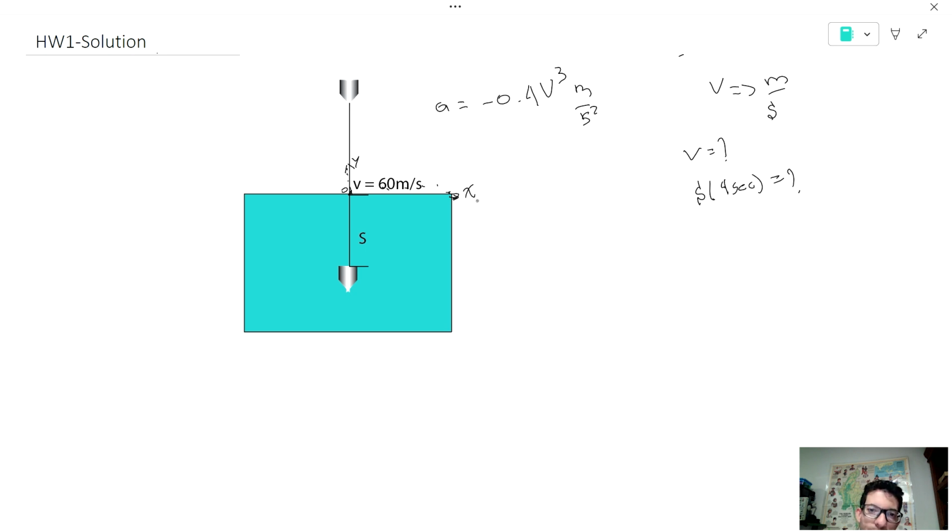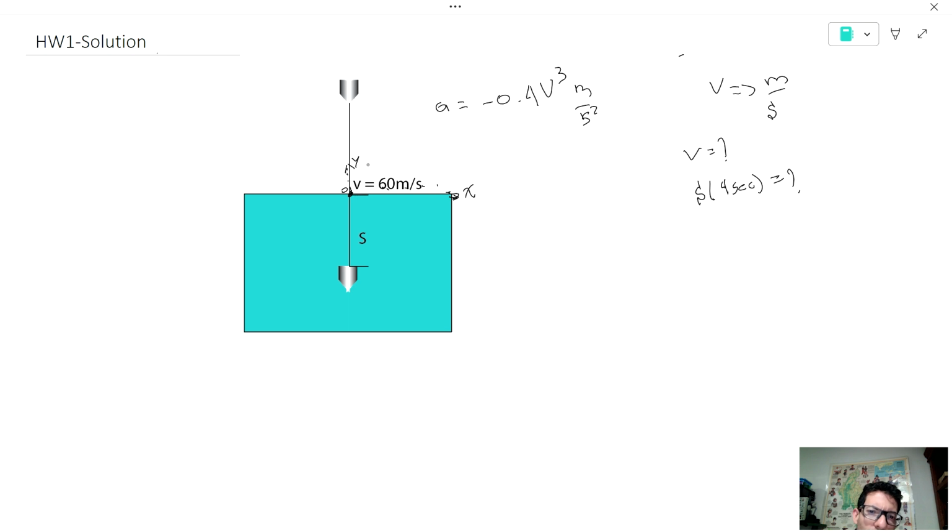Okay, so if you notice, the important thing here is to realize that they're telling us that the initial velocity is 60 meters per second. So the initial velocity here at this point is 60 meters per second. So you have two choices.